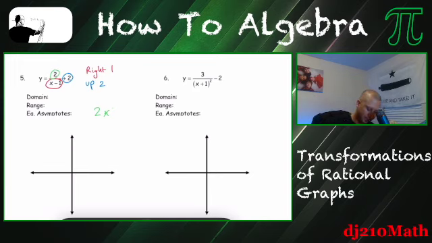It's the same idea. So that 2 up top is just a stretch by 2. In this particular video, we're not really too focused on the stretching part. We just need to understand what left and right and up and down looks like. So we're going to the right 1.